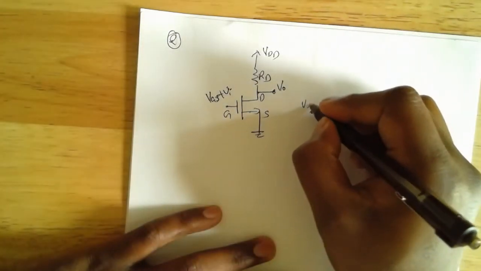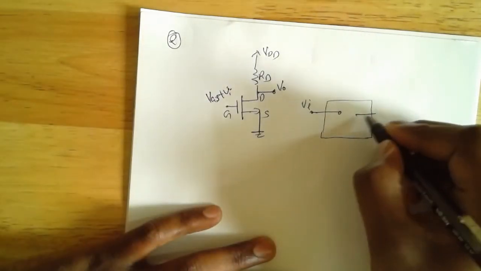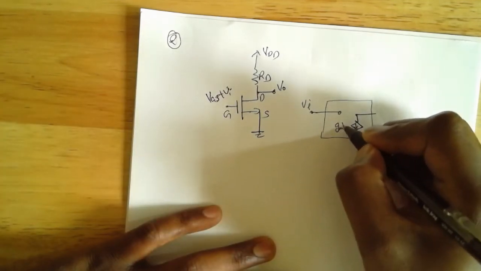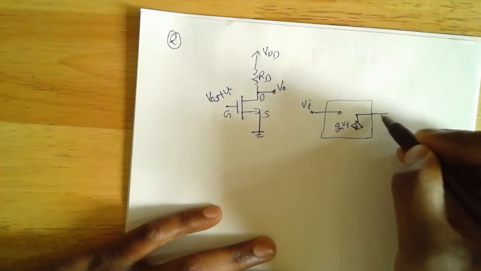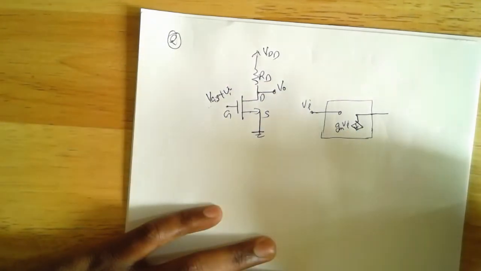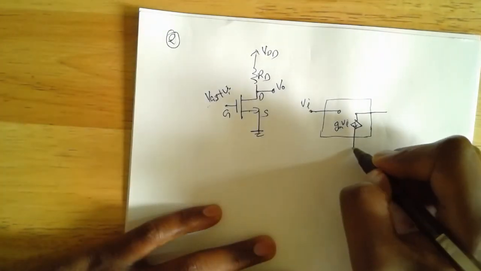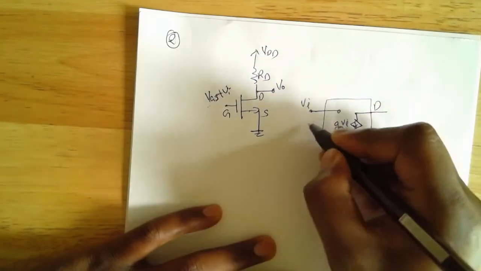So I'm only going to draw AC signals here. This is VI. And I know at the output, I have an AC current source, which is equal to GMVI. The actual current, the total current going into the drain will also depend on VGS, but here we're only concerned about the AC current. Okay. Now in this case, the source is grounded, so I'll ground this. This is the drain. This is the gate.